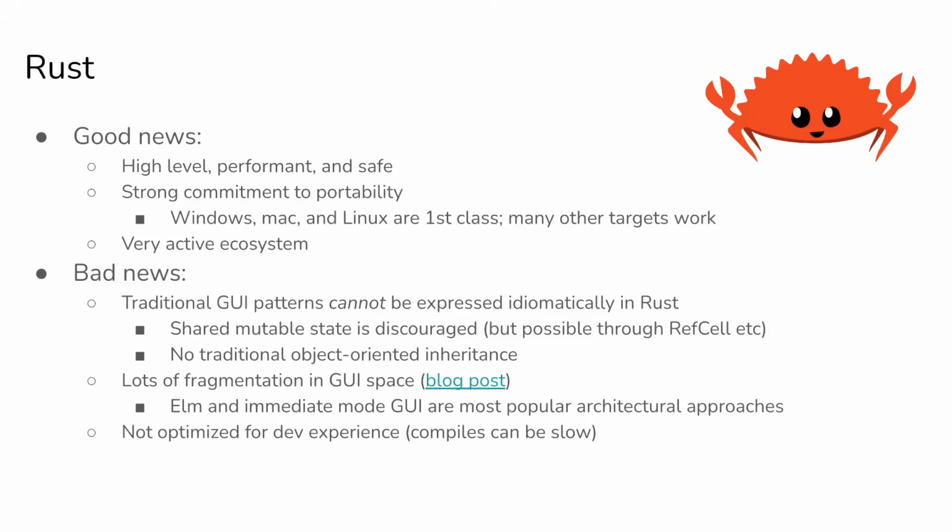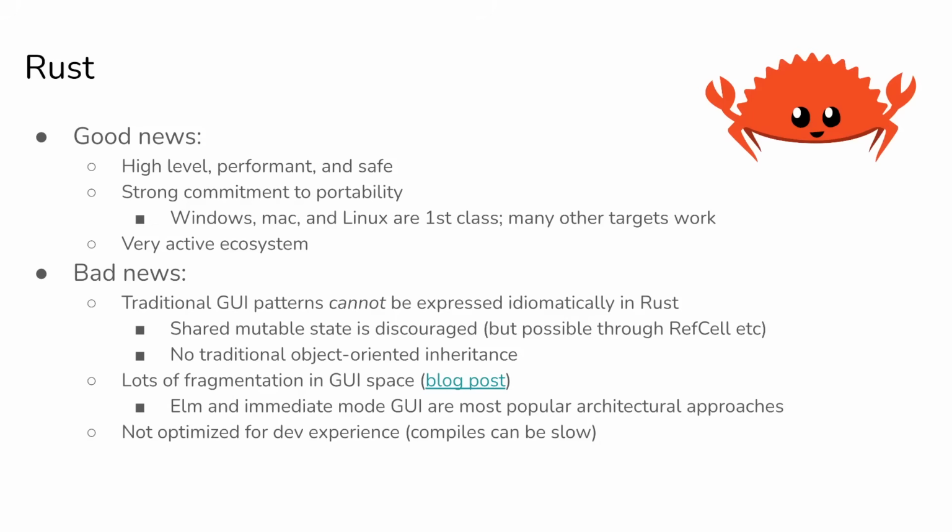You don't have to worry about it segfaulting, corrupting memory, all those kinds of things. There's some other really good things about Rust as well, that there's this very strong commitment to portability, that Windows, Mac, and Linux are all first class, and you can compile to other targets, you can compile to mobile, to Fuchsia, and all the stuff really just works.